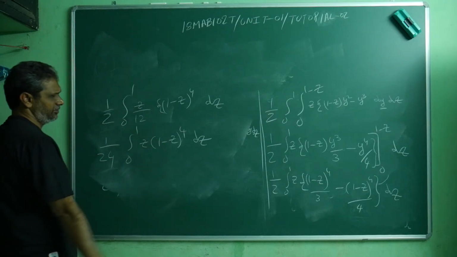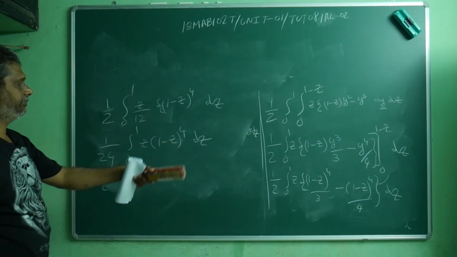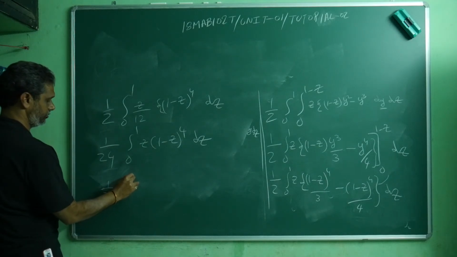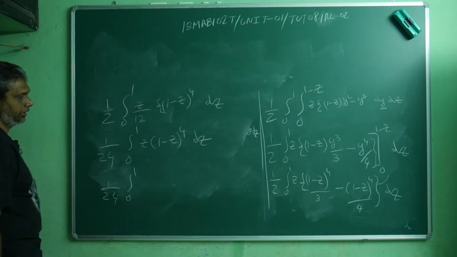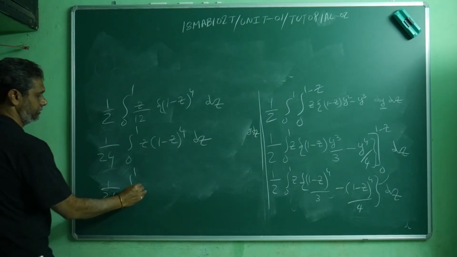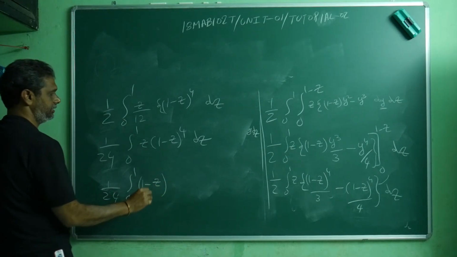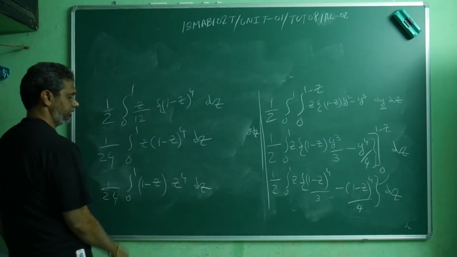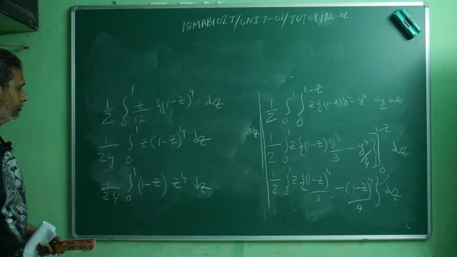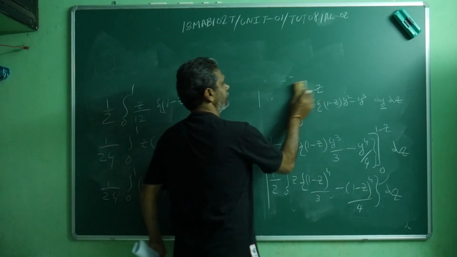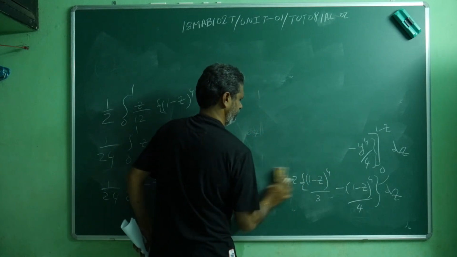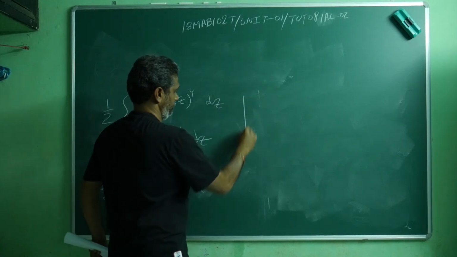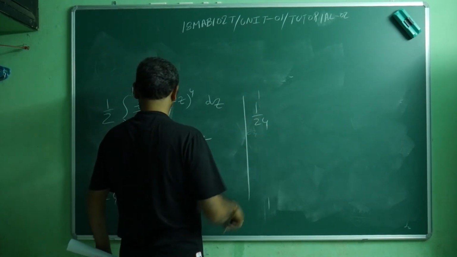If you put 1 minus z also, again the same property a minus x, if you apply, what becomes 1 by 24, 0 upper limit minus x, this is 1 minus z, this is what, z power 4. Getting or not? Just I am skipping. So this becomes what? By 24.